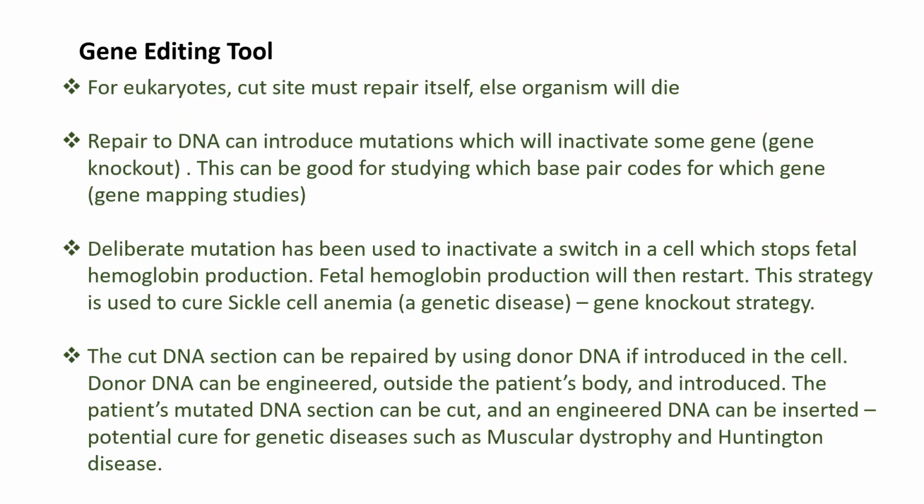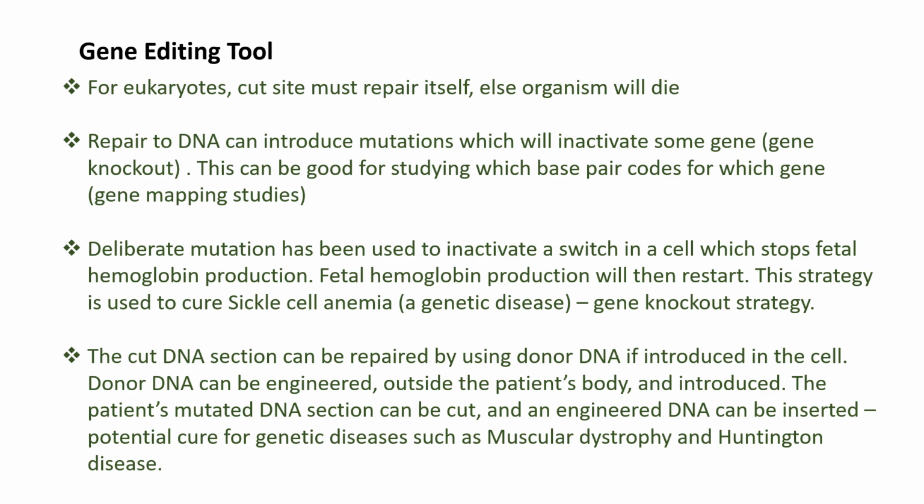Other uses of CRISPR. When DNA is cut, the cell tries to repair, but in the process, there can be mutations. We can deliberately introduce a mutation at the gene whose expression we want to study by cutting DNA. Due to the mutation, the phenotype will be altered.